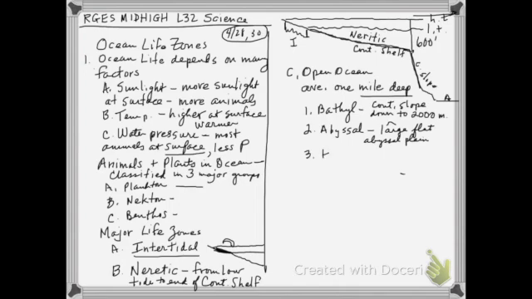The third one is the Hadal life zone in the open ocean. And the Hadal zone is in the deep ocean trenches. So these would be animals and plants that can be characterized down there in those deep trenches.